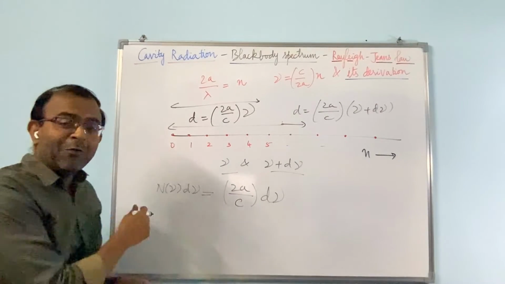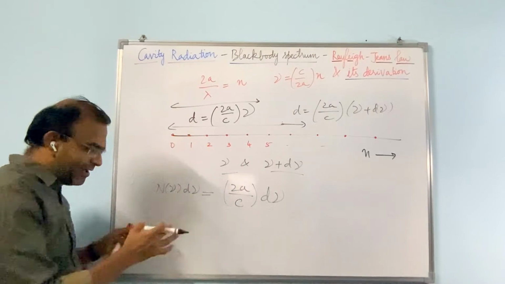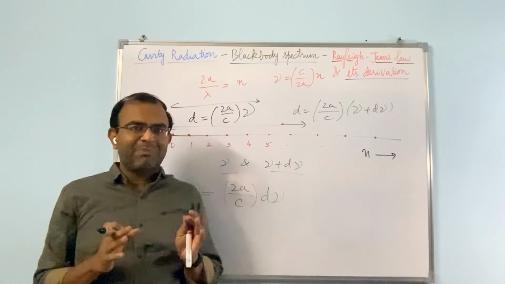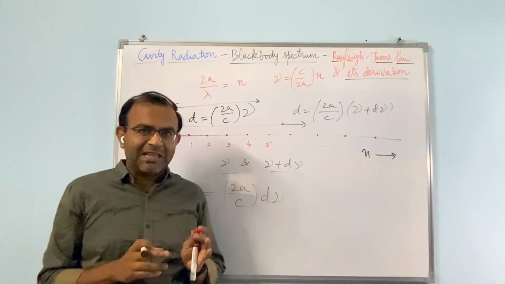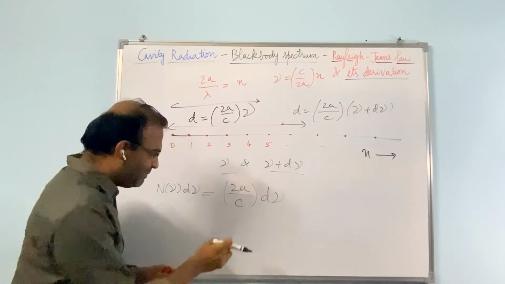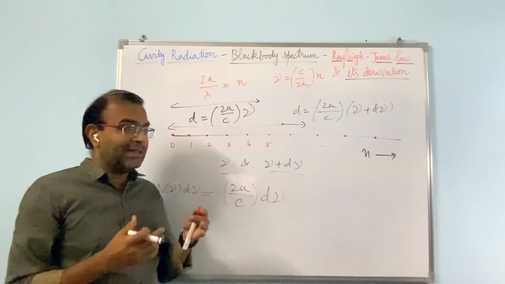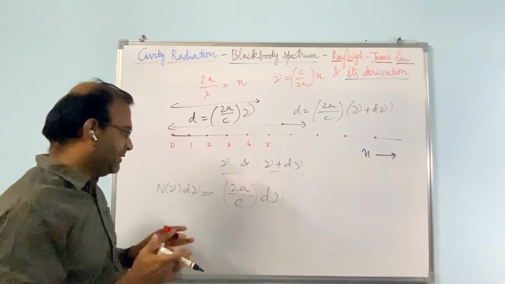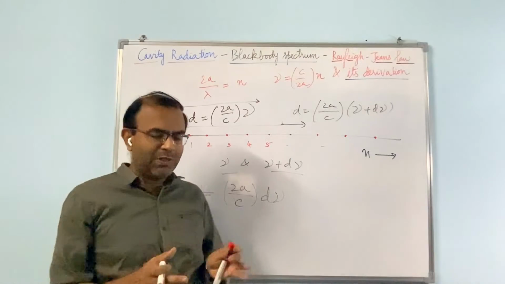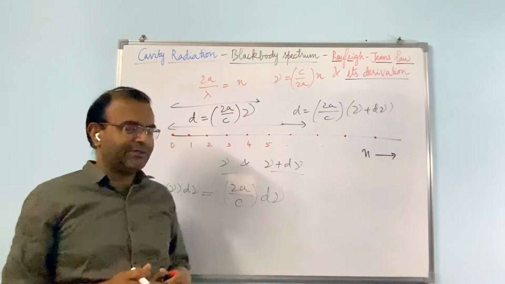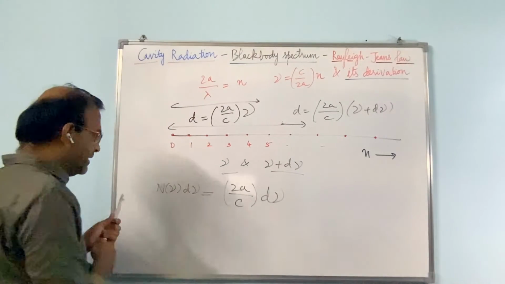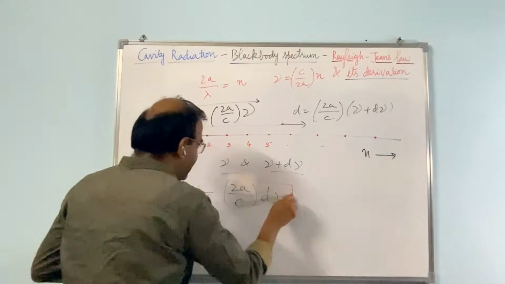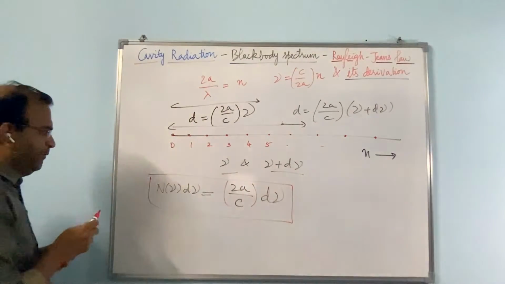It is interesting to note here that the number of waves in a given frequency range does not depend on the frequency itself in this one-dimensional case. Rather, it depends just on the range, that is the difference in frequencies, within which we want to count the number of waves. That is important to note. In the 1D case, this is true.